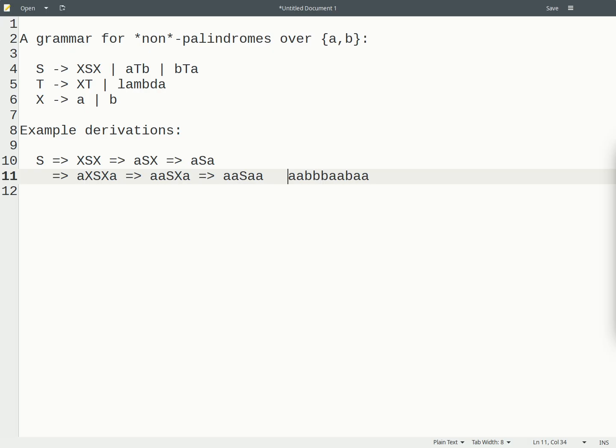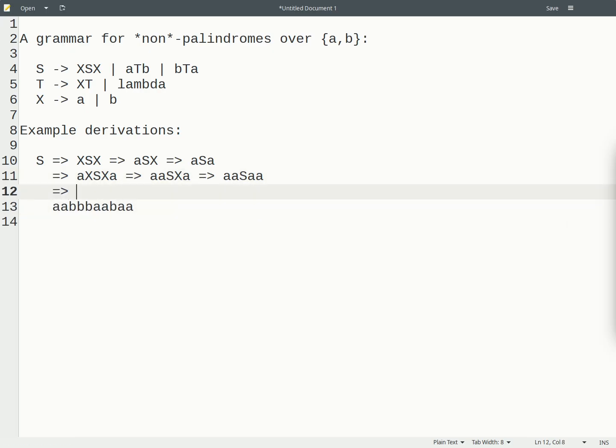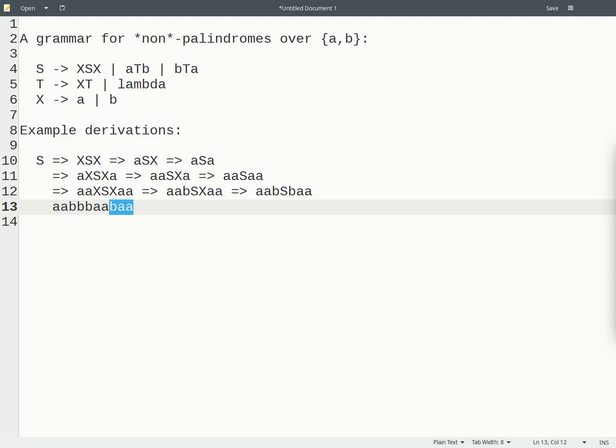Now we are going to derive the B. So we again use the rule. Okay, now we have derived the AAB from the front and AAB from the back side.